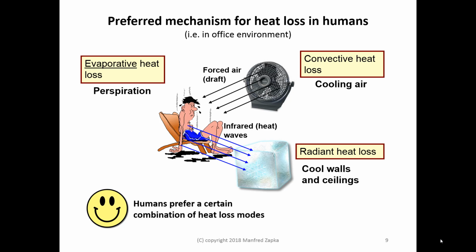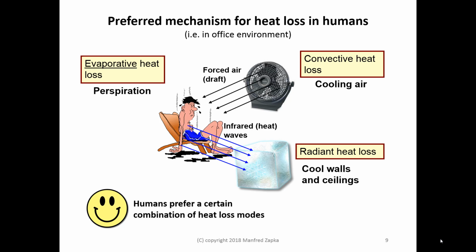And there are some combinations which humans prefer for good heat loss, which we also refer to as a gentle heat loss, where we do not feel uncomfortable. For instance, if the convective heat loss is too strong, we feel a sensation of draft.